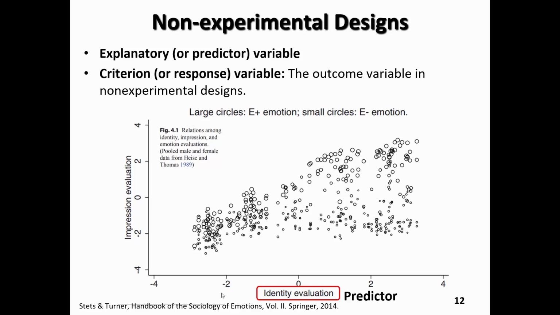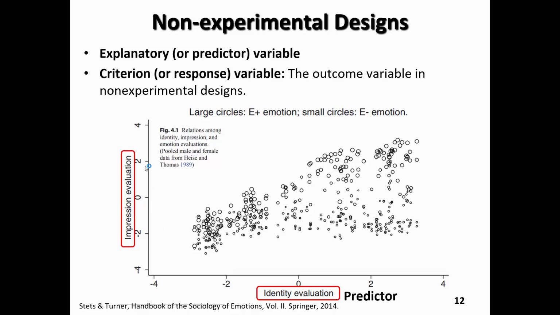So when we graph the results of a study, the x-axis typically presents the elements of the data of the predictor variable or the independent variable. But in this case, in this particular type of design, it's a predictor variable.